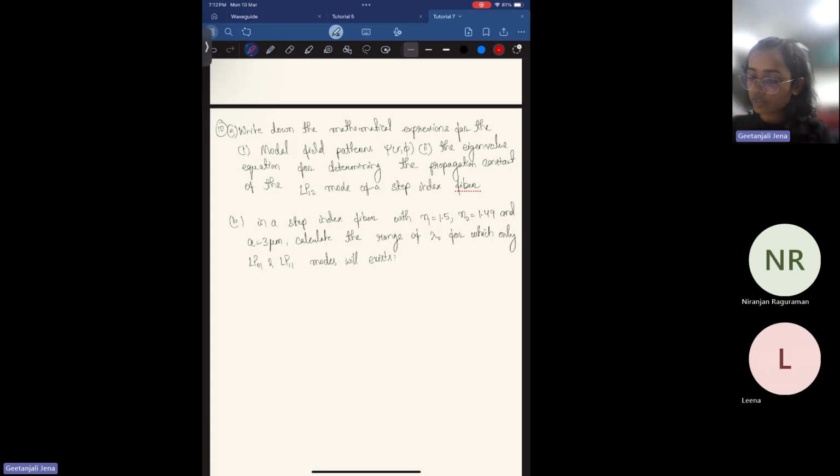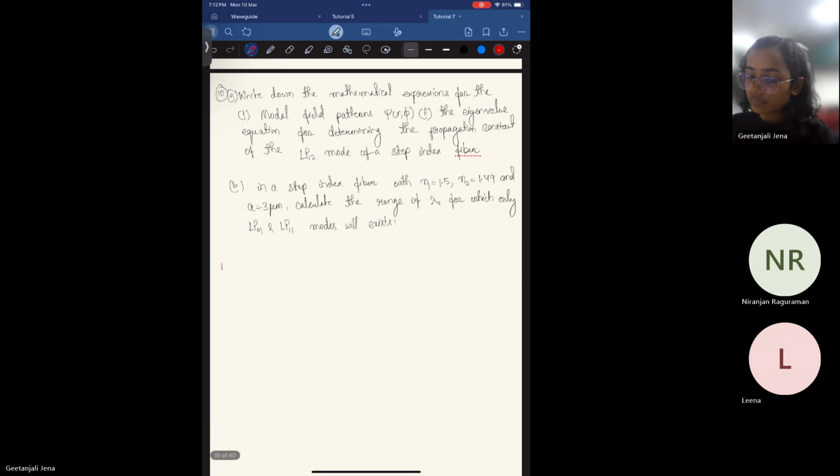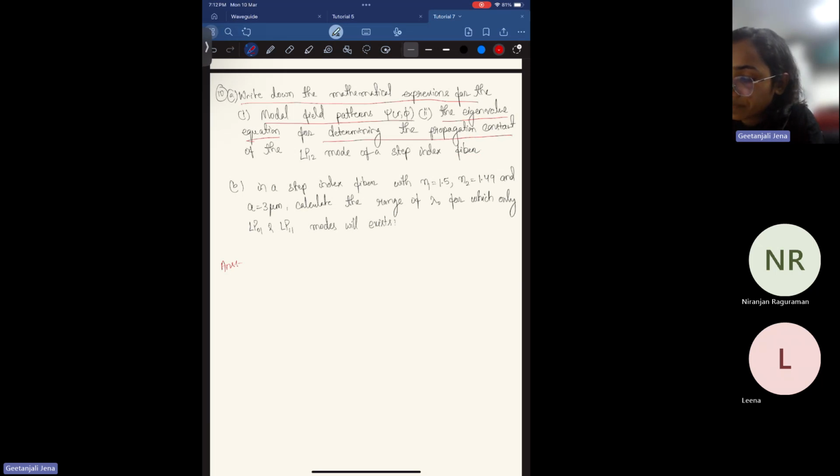There are two parts to this question. Part one: write down the mathematical expression for the modal field pattern psi of r, phi, and the eigenvalue equation for determining the propagation constant of the LP12 mode of a step index fiber.